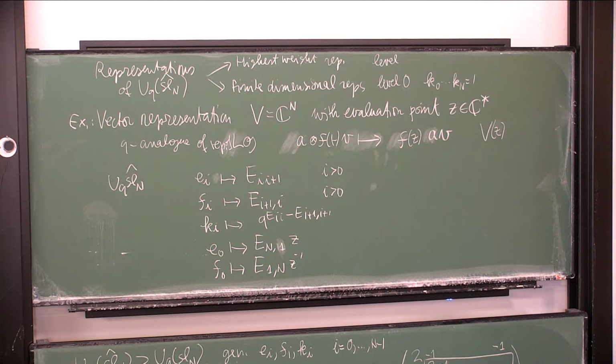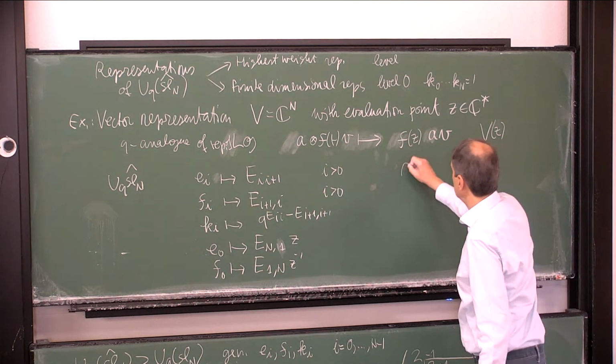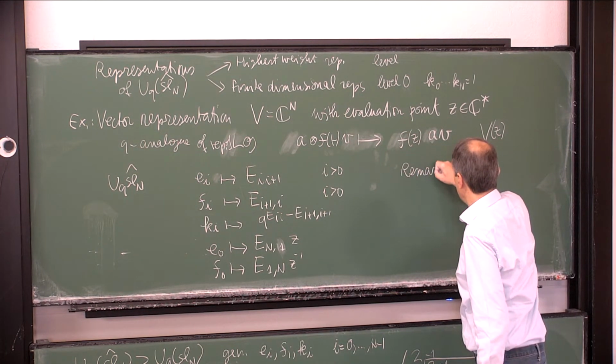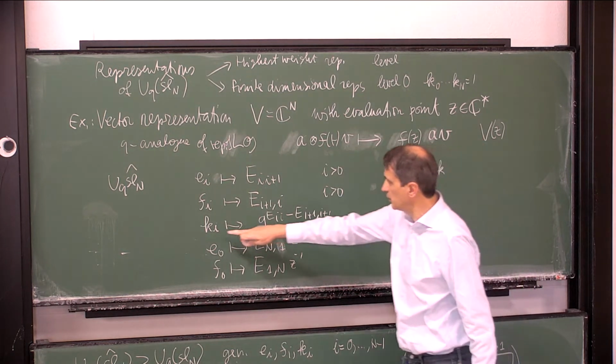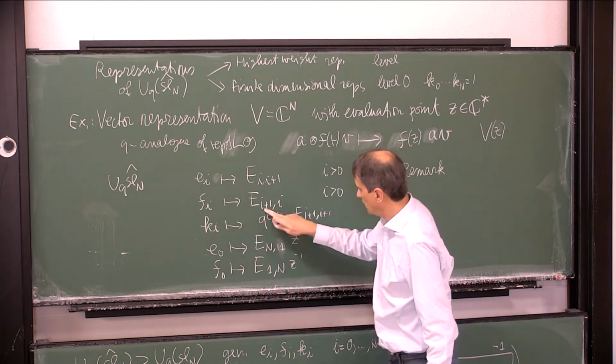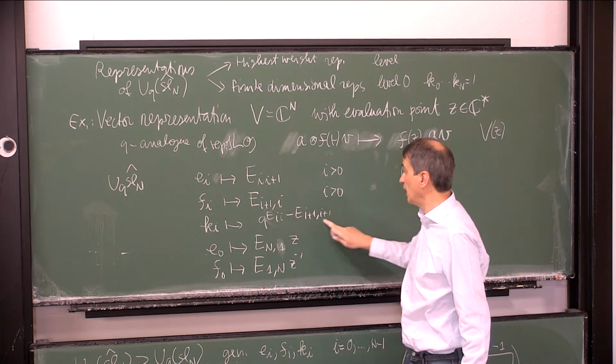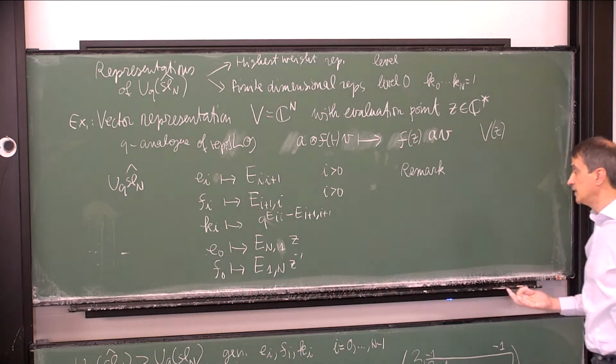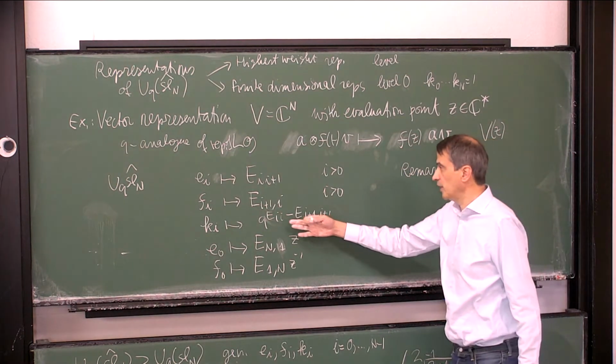So the remark which explains why this works: if you take the generators H_i, then this is really sent to H_i for the vector representation.